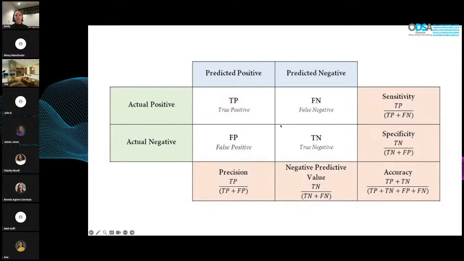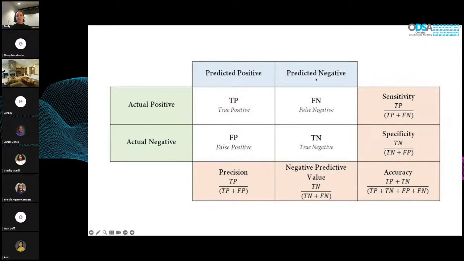They'll have these rates here, but then they'll also have the sensitivity here, and they'll have the specificity here. Along this dimension, we have the false positives and the true negatives, so you can put the specificity metric there.